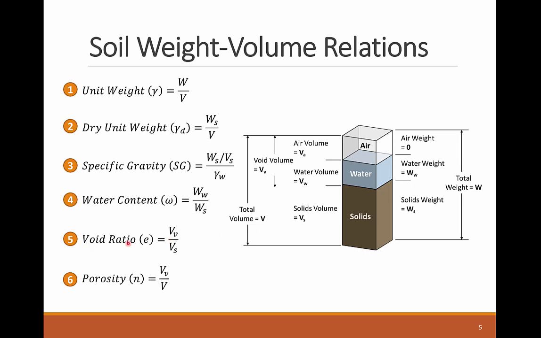The void ratio is calculated by dividing the void's volume, VV, over the solid's volume, VS. The porosity of the soil is calculated by dividing its void's volume, VV, over its total volume, V. For a sample of just a solid boulder, its porosity will be 0, as the boulder is made of a big mass of rock with 0 voids inside.